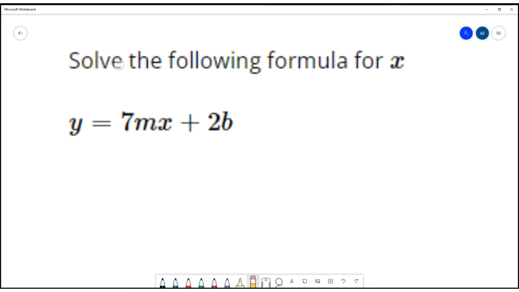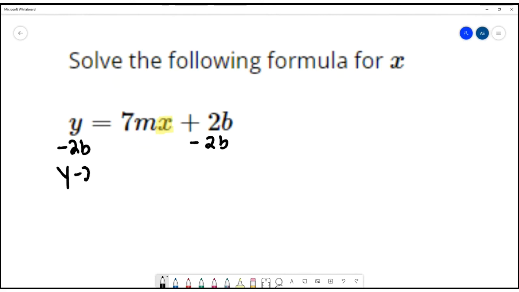In this example, we want to solve the following formula for x. We have y equals 7mx plus 2b. I want to rewrite the equation so that we have x equals. So let's start by isolating the whole term that the variable is in. So I'm subtracting 2b.